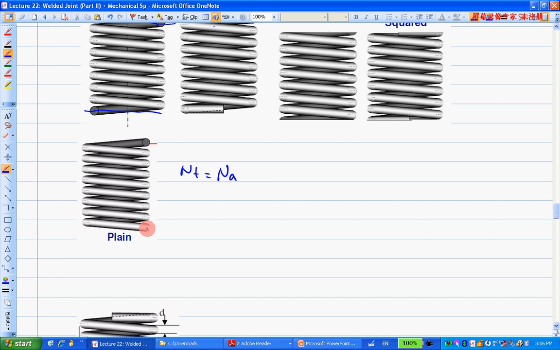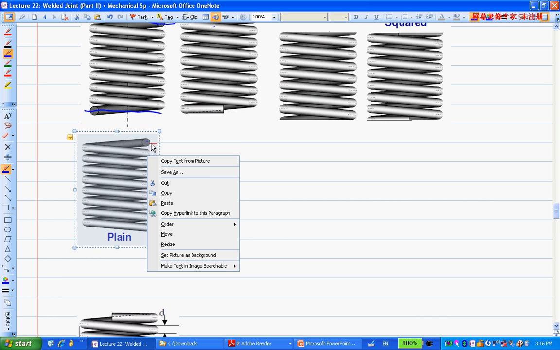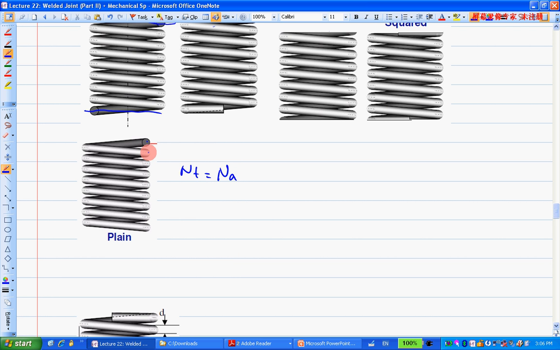I would say 8. Why 8? See, from here, one turn is one coil. That's 1, right? 1, 2, 3, 4, 5, 6, 7, 8. So that should be 8 here.